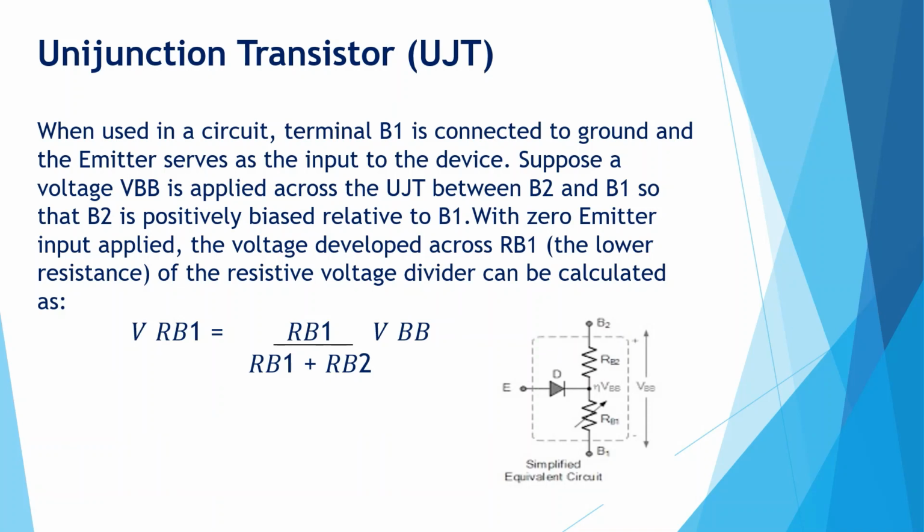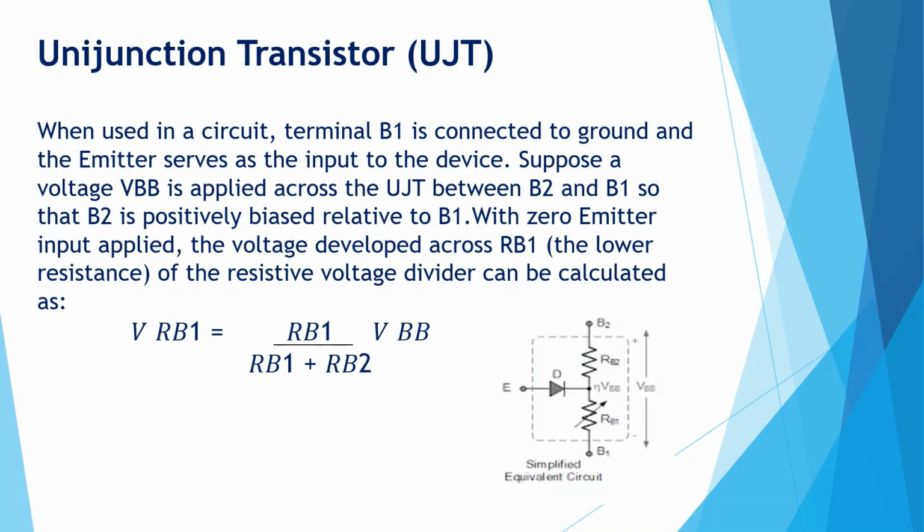Now let us try to understand the unijunction transistor operation. When a UJT is connected in the circuit, just refer to this diagram, the potential between B1 and B2 is the total potential VBB.